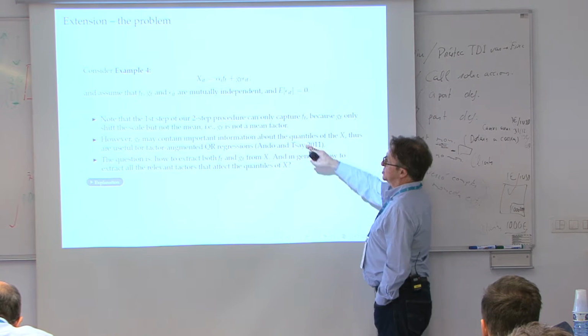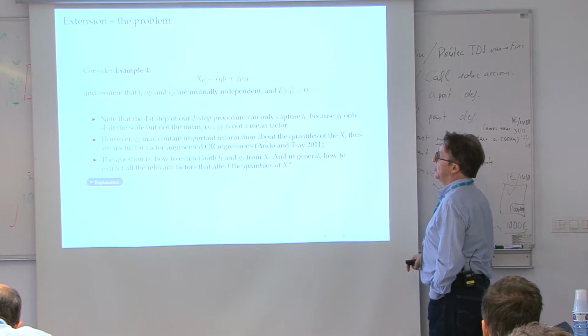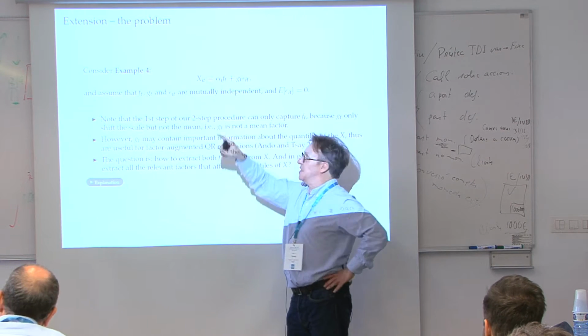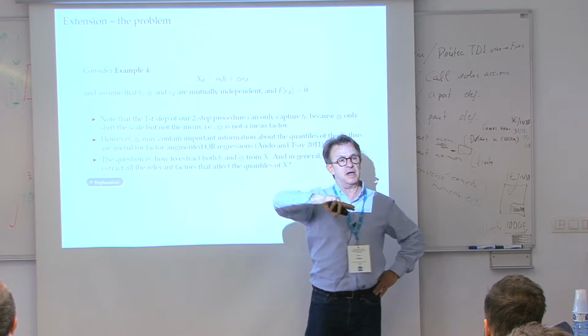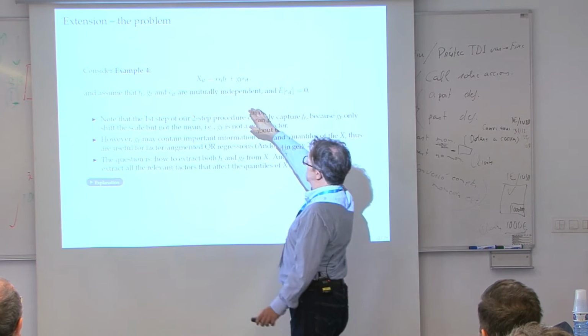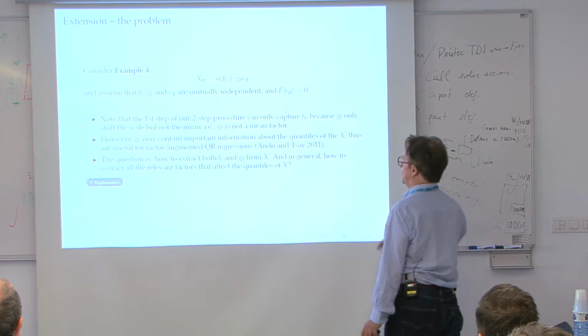And assume that everything is mutually independent, as we assume here. Then, of course, immediately you see, and I won't spend, given the shortage of time, too much time, that if we apply our two-stage procedure, then we are going to capture F, but not G, right?